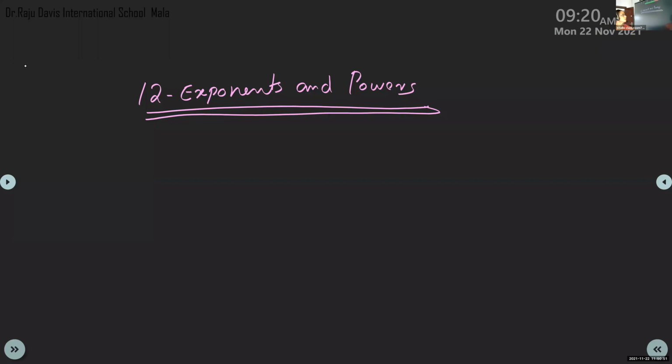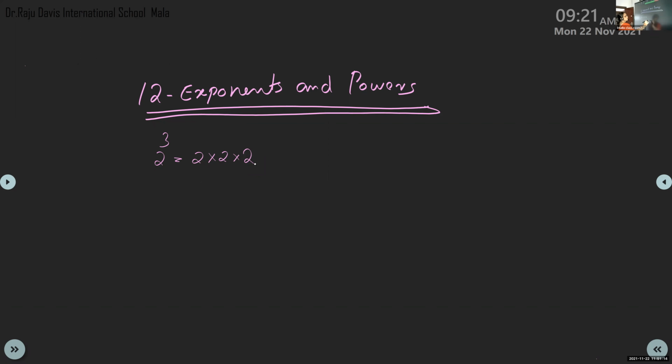Power, you already know, 2 raised to 3. Such numbers you have already studied, isn't it? 2 raised to 3 means we are multiplying 2 three times. 2 into 2 into 2 is 2 raised to 3.